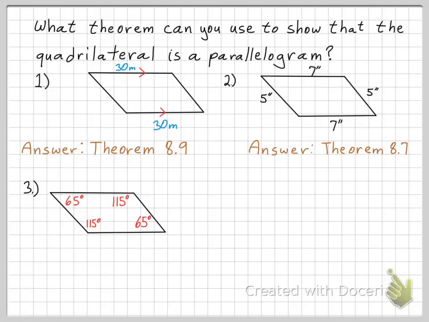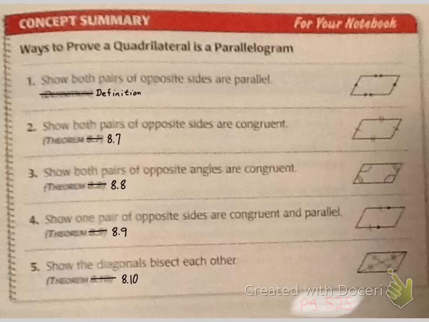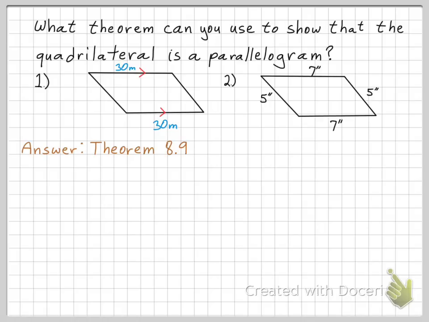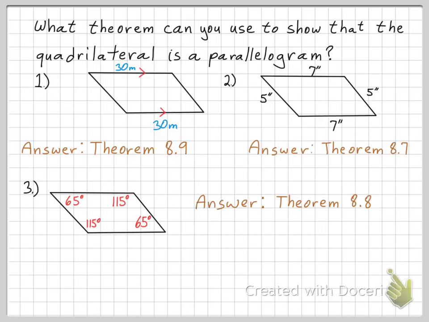And if you look back on the sheet here, I think that would be Theorem 8.8, right? Yes, Theorem 8.8, showing both pairs of opposite angles are congruent. So that's congruent with that, and that's congruent with that. And so it would be Theorem 8.8. Okay? Theorem 8.8.